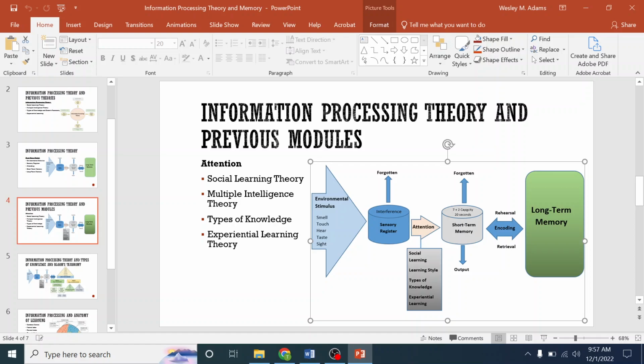Maybe you just focused on the process, so that would be types of knowledge. And maybe the processes that you focused on were the kinesthetic and the visual information coming in. That would be learning styles. That's what you're mentioning in your subtitles, or if you're doing auditory narration, that's what you're talking about in the video.